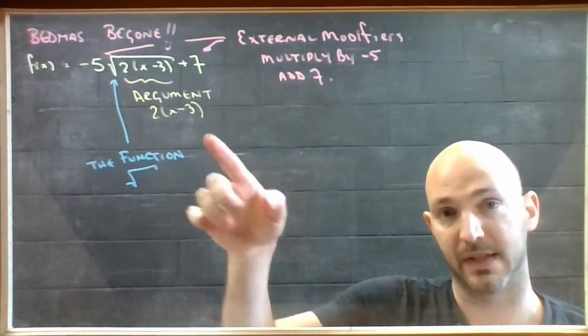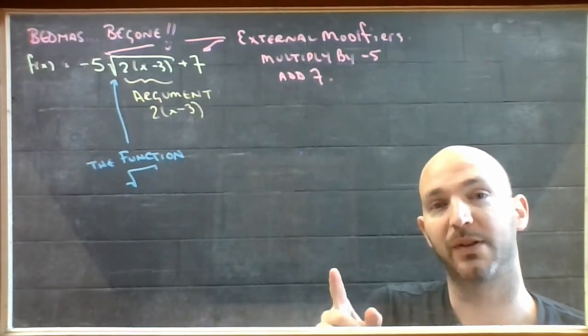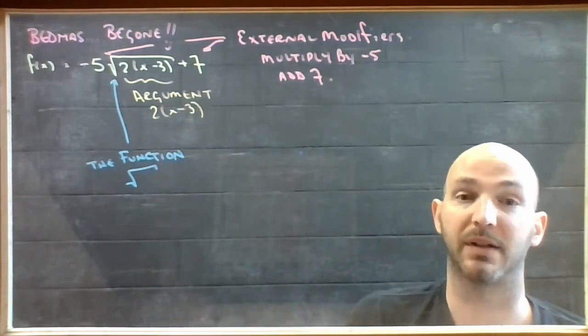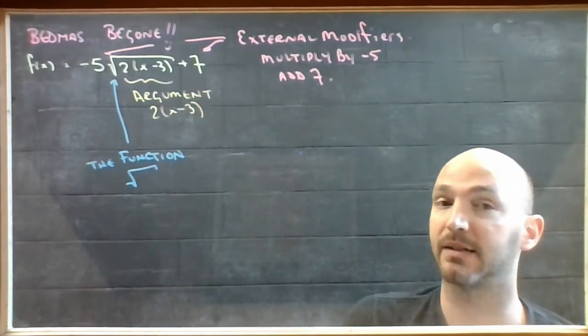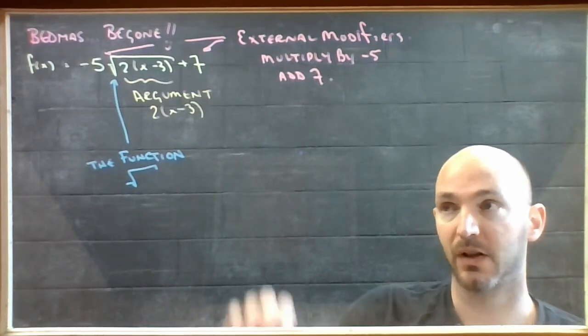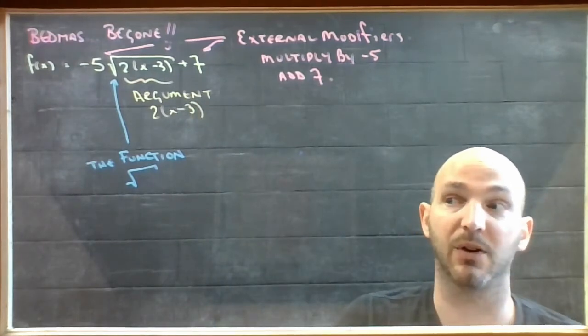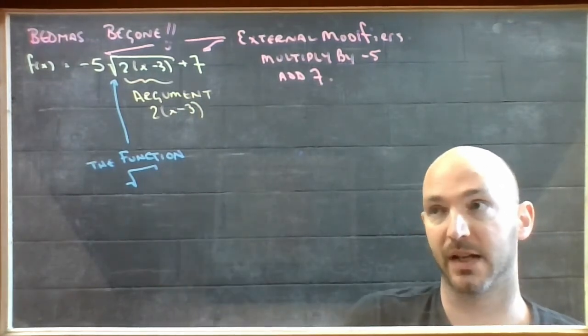The argument is the next most important thing because it's going to determine what numbers get fed into this thing. And I already pointed out that radicals can't accept negatives. So the argument there, that 2x minus 3, is what determines if a number inside of here is negative.